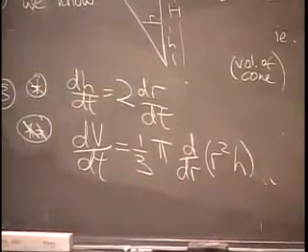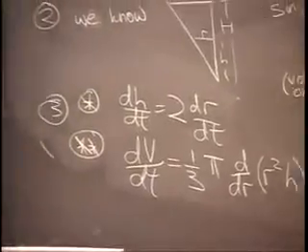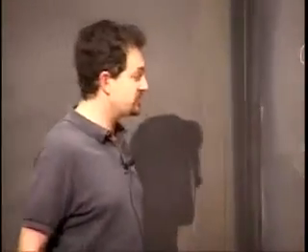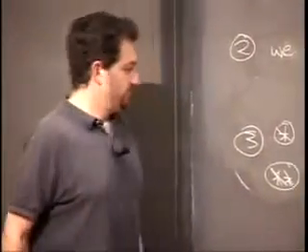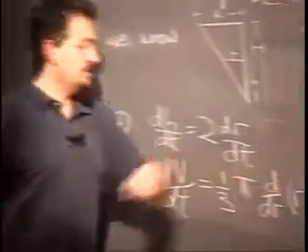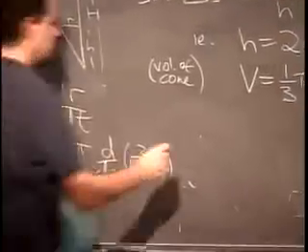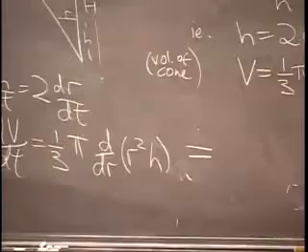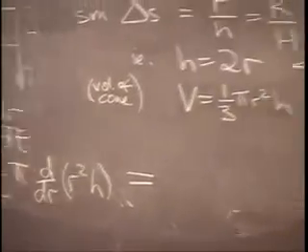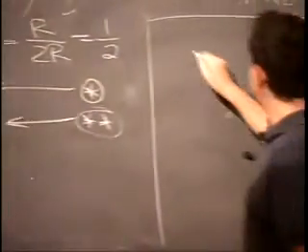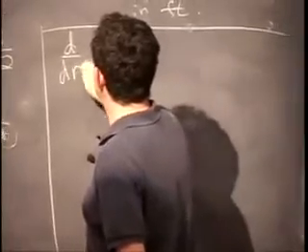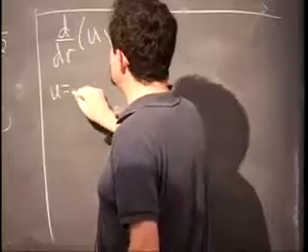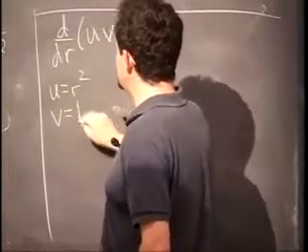This is not the only way to do this. I'll discuss another way. In fact, I think this might have been the way I did second in the book, but hey, variety is the spice of life. So, we need the derivative of r squared h. As usual, I'm going to put an equals and come back to this prickly thing after I finish the working over here. So I need the derivative of uv, where u is r squared and v equals h.